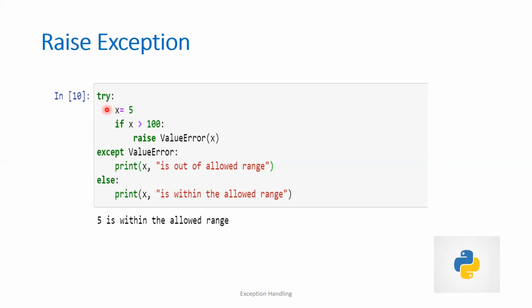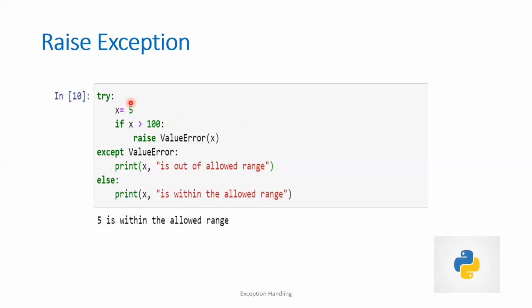Here inside the try I write x equals 5 and put a logic. If x greater than 100, raise value error. If the value of x becomes greater than 100, I want a value error to occur, but not all the time. I put a logic. Sometimes it can be, or sometimes it cannot be. So there may be choices.